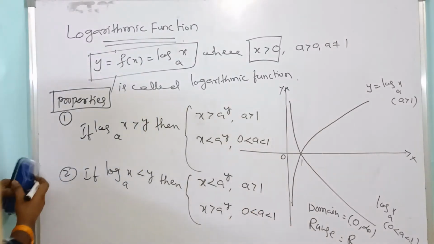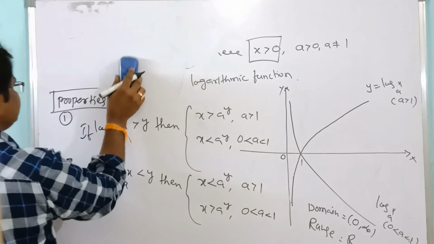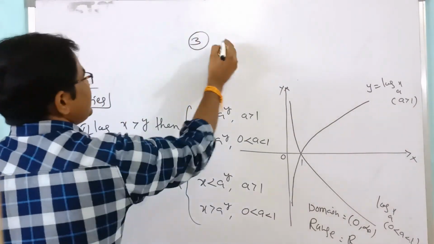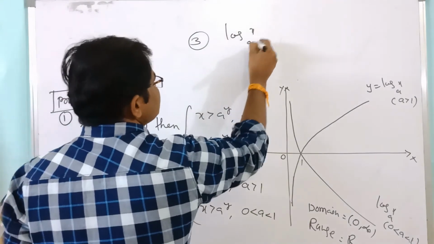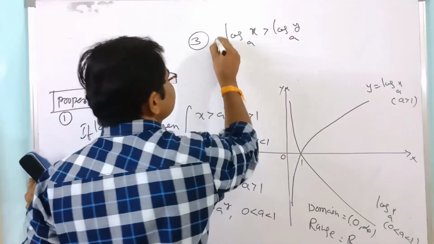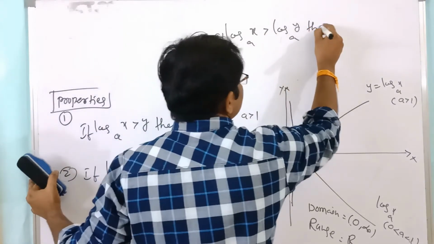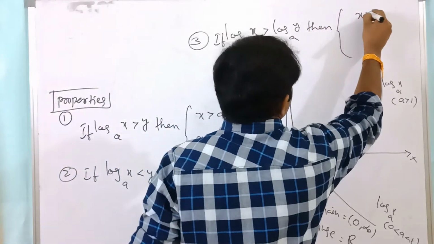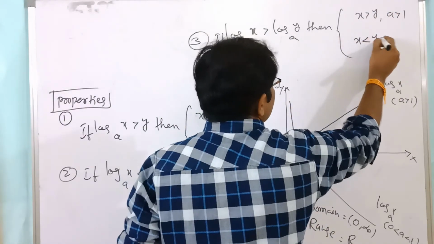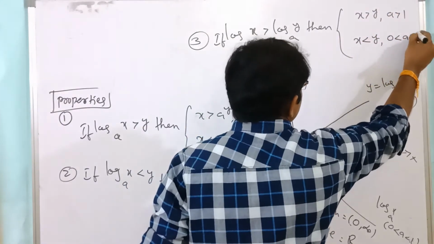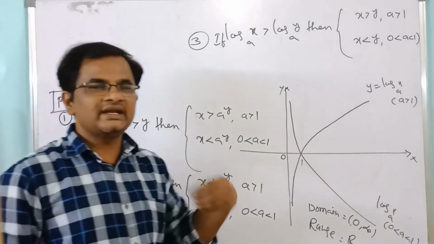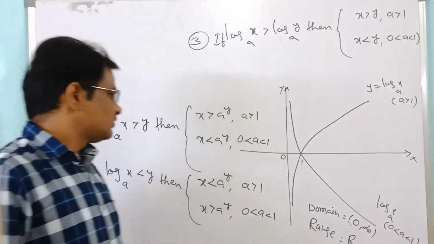And the third one: log x to the base a greater than log y to the base a. Then x is greater than y when a is greater than 1, and x is less than y when 0 is less than a less than 1. So these three are important properties to do the domain and range of the given function.